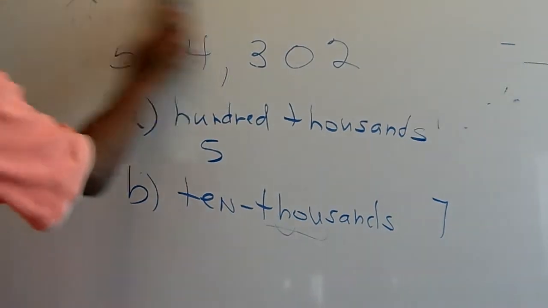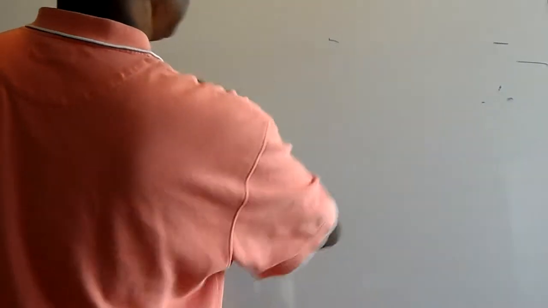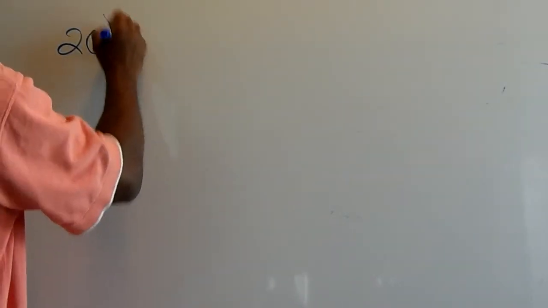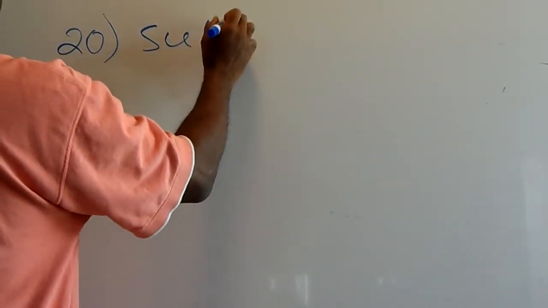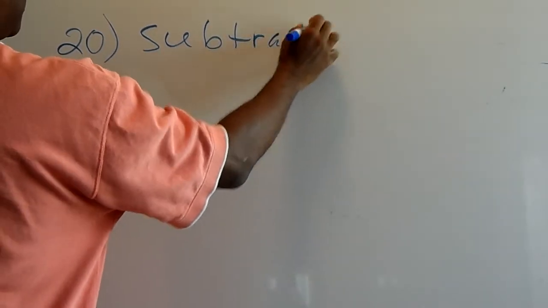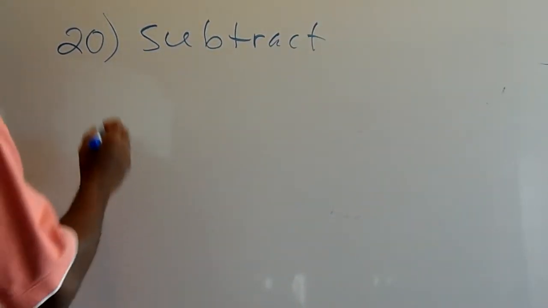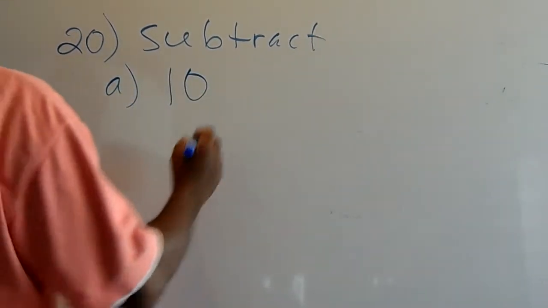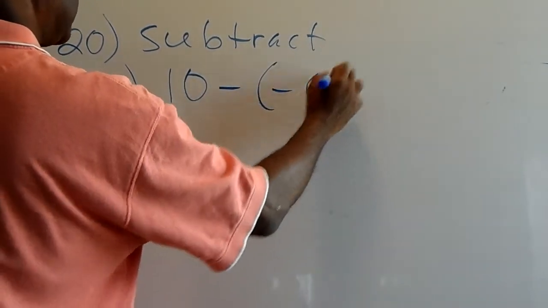Okay, number 20. Number 20 is a problem where we are asked to subtract. We talked about this earlier. We want to subtract, and the number is A, 10 minus 6.